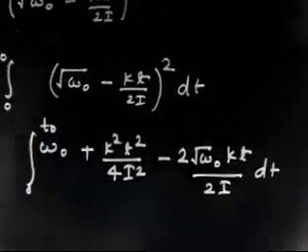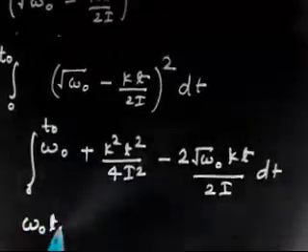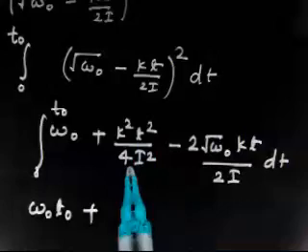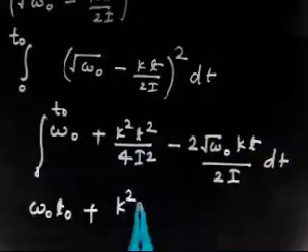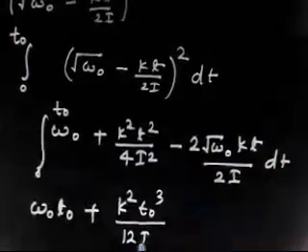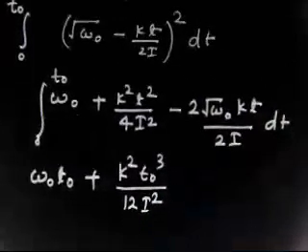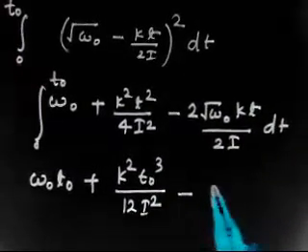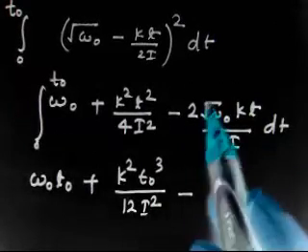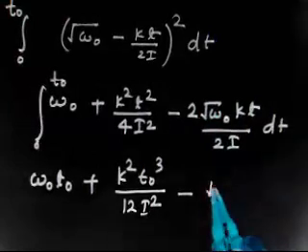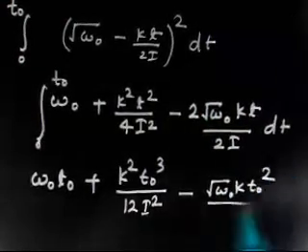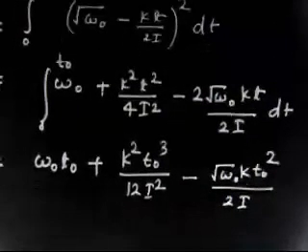So this will be omega naught t naught plus k square t naught cube by 4 into 3, that is 12I square, minus, here we will have t square by 2, so this 2 is already cancelled. So we will have under root omega naught k t naught square by 2I. Are you getting or not?